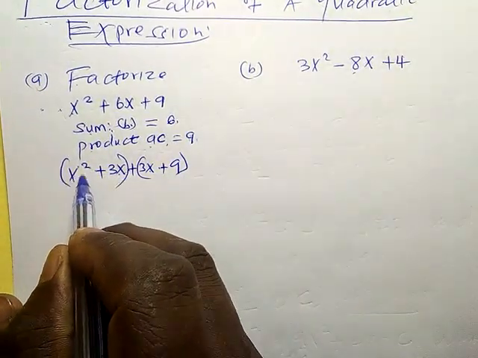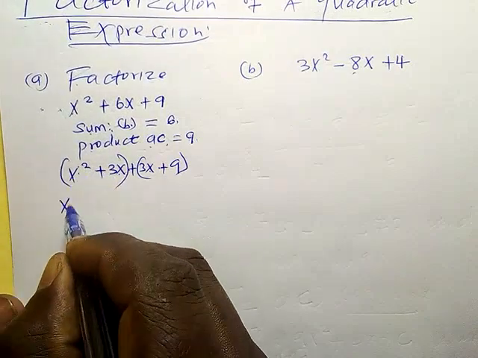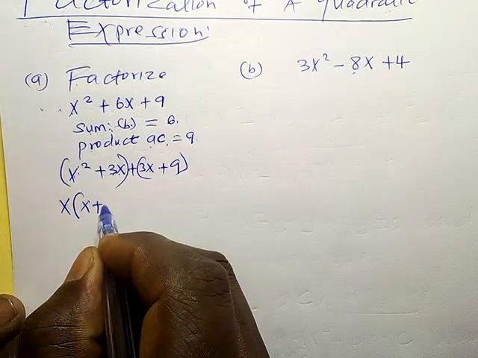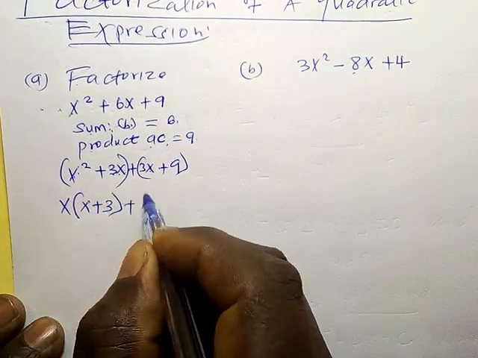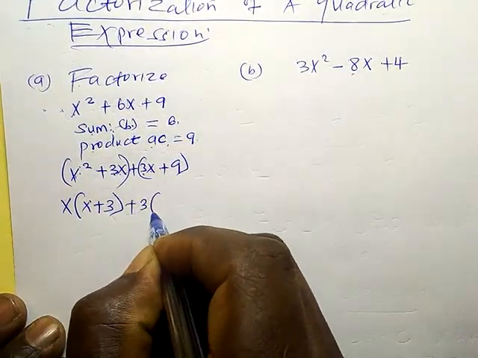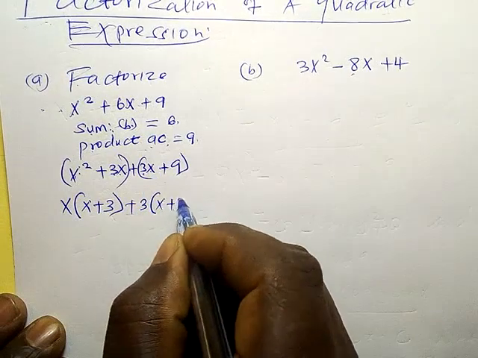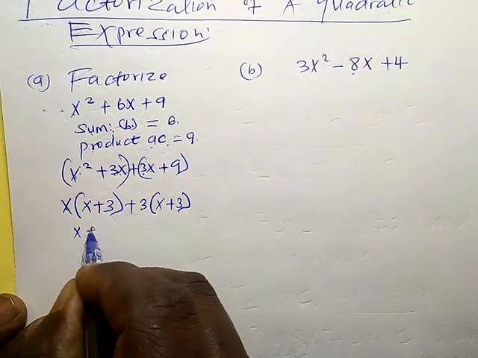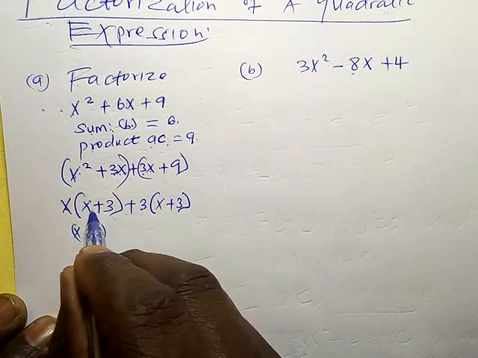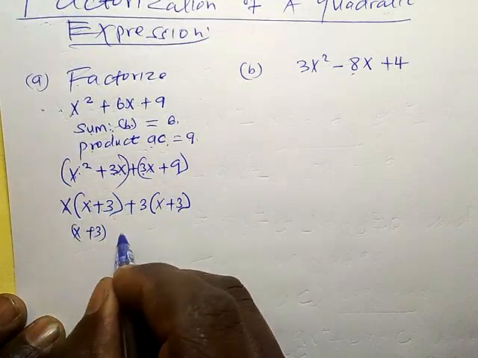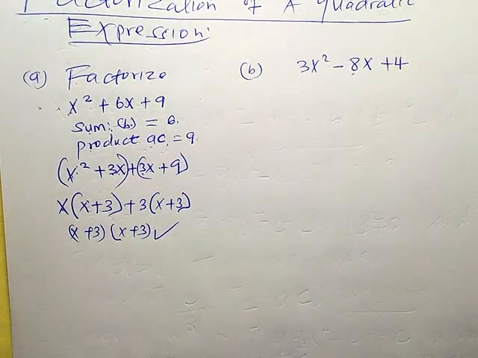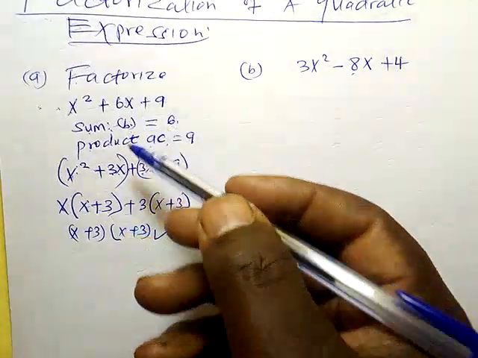The common factor here is x, so put it outside, into what is remaining, x plus 3, plus the common factor here, 3, into x plus 3. Let us group this plus this, that is x plus 3 in the bracket, times x plus 3. By doing this, we have factorized this expression.